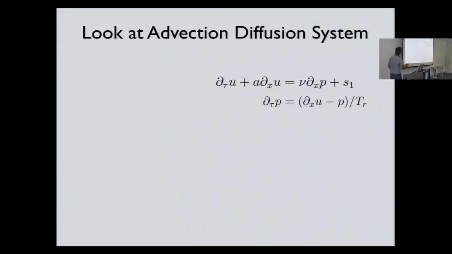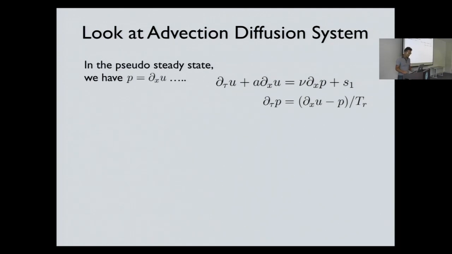So let's look at the advection diffusion system. This is the advection term and the hyperbolic diffusion system. Okay. And in the steady state, we will get P equals Ux. Right? P is the gradient variable.